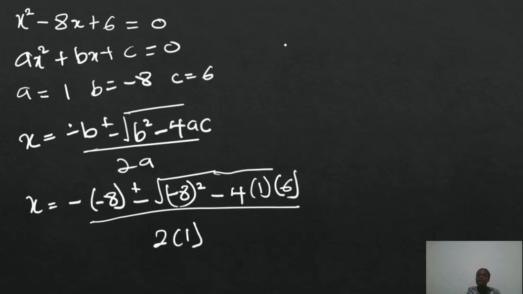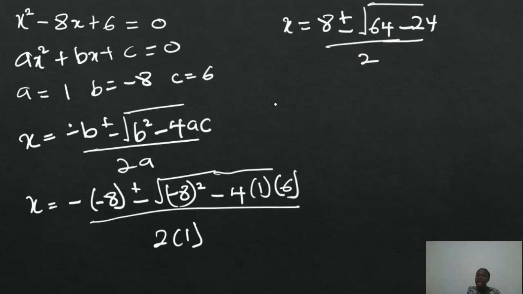So from here we are going to get x to be equal to negative 1 times negative 8, which is going to give us positive 8, plus or minus the square root of negative 8 squared, which is going to give us 64, minus, now 4 times 1 times 6 is what? 24. All this over 2.